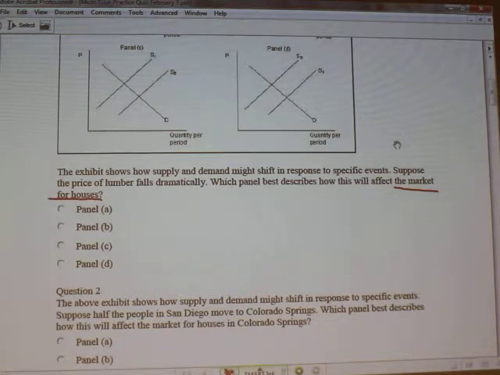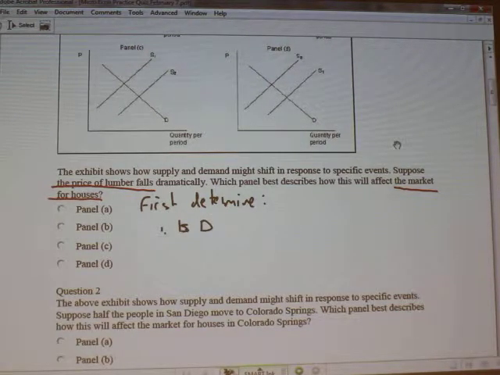But what happens in the world? That is, the price of lumber falls. So I would say for these types of questions, you should first determine two things. First, is demand or supply affected?